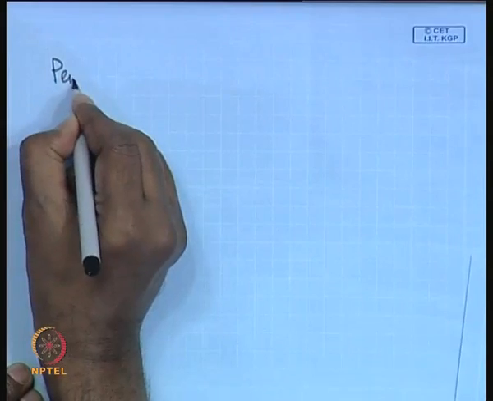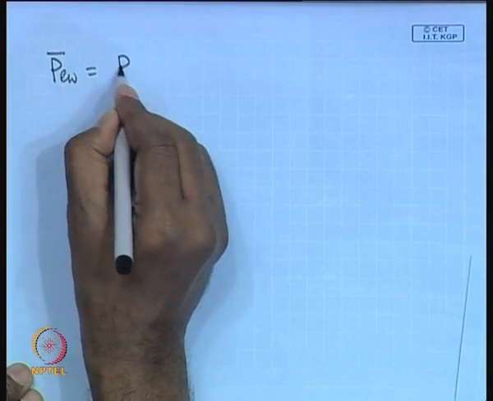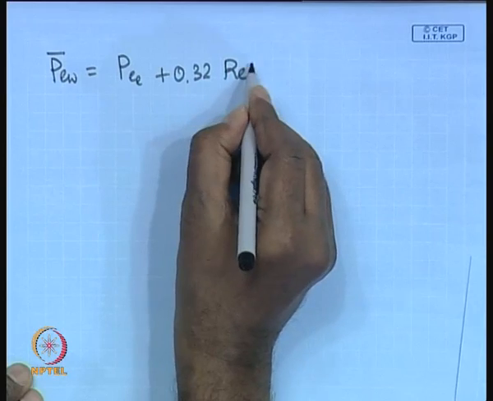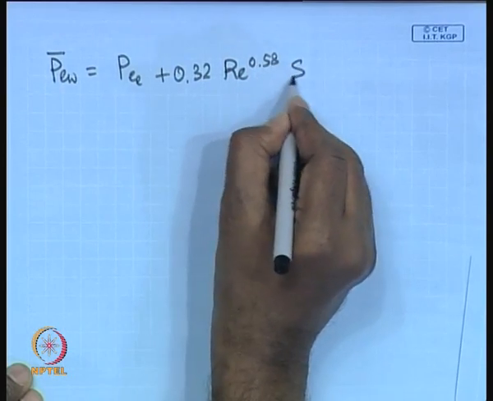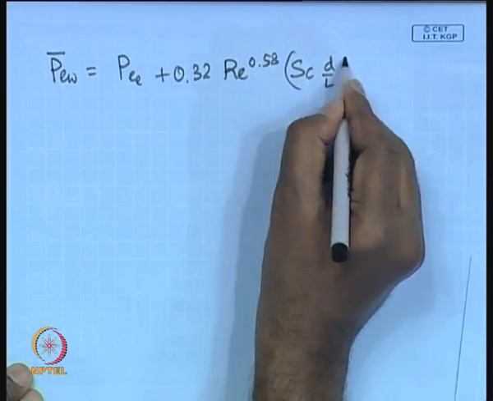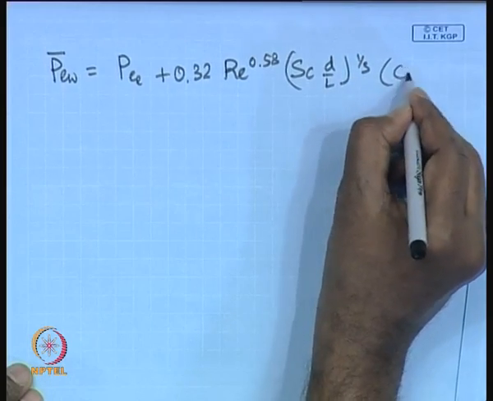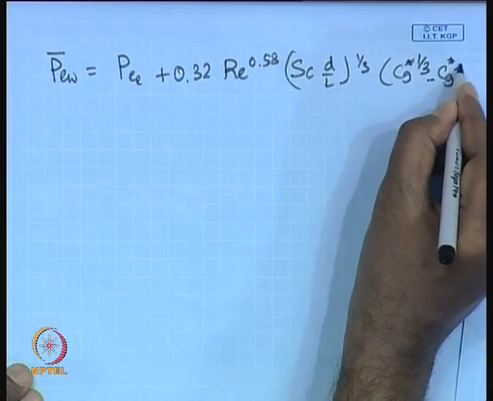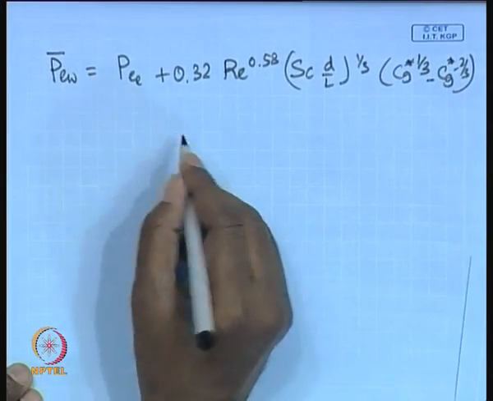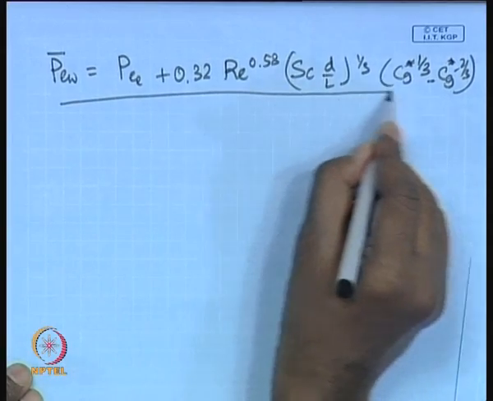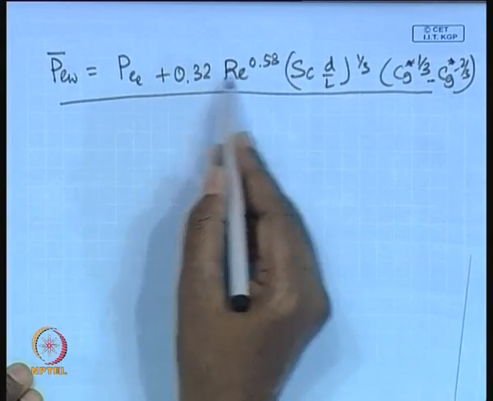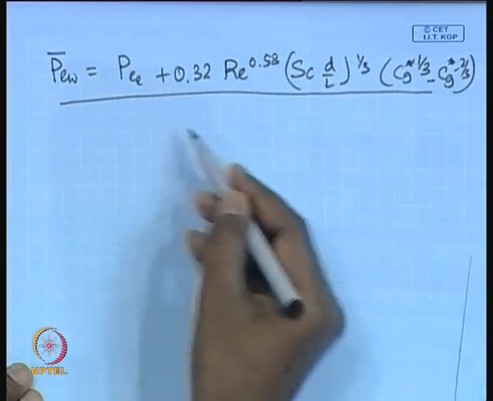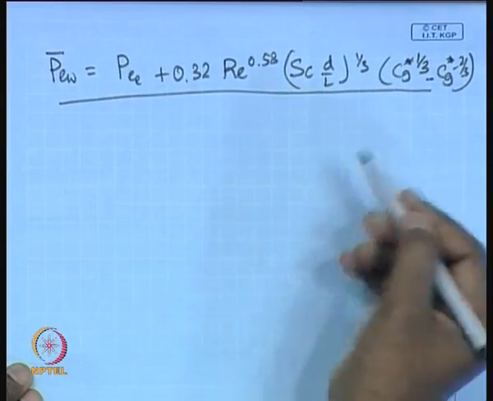The length average flux PW bar becomes PE plus 0.32 Reynolds raised to the power 0.58 Schmidt (d by L) raised to the power 1 upon 3 times (Cg star to the power 1 upon 3 minus Cg star to the power minus 2 by 3). Now, this is the expression that we really want. If you know the Reynolds number, you know the electric field, this is the electrophoretic velocity, non-dimensional term, other properties are known, you can find the permeate flux, but this can further be simplified.